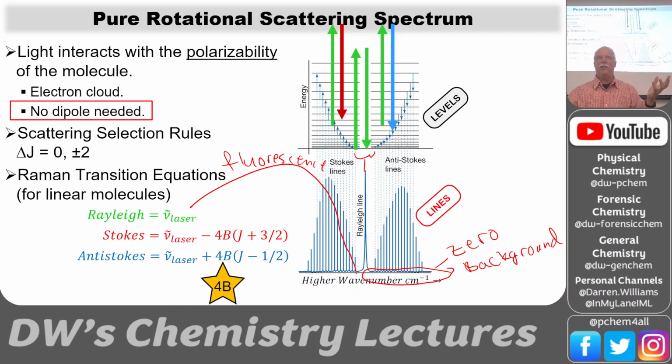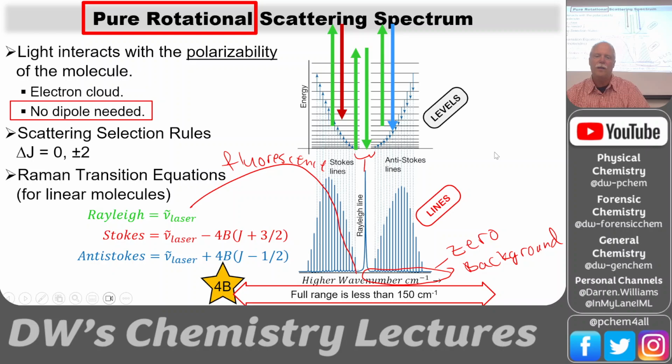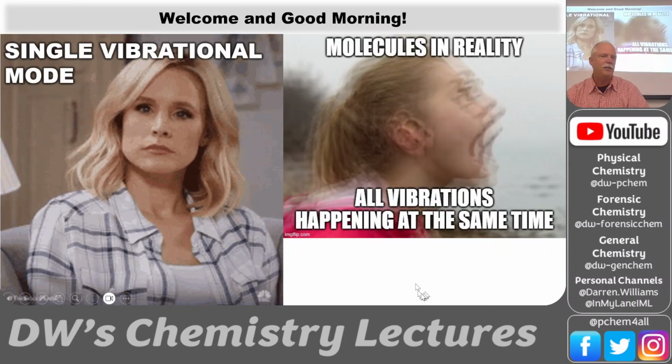You can in combustion, so for jet engines, where you're looking at the molecules coming out of the back of a jet engine, then you have vibrational excitation, and you can probe with a laser and get anti-Stokes vibrational spectra out of combustion analysis. And then we get to vibrations, okay?